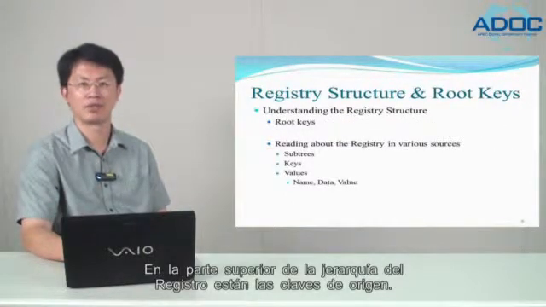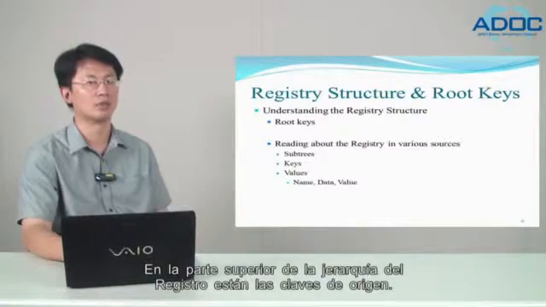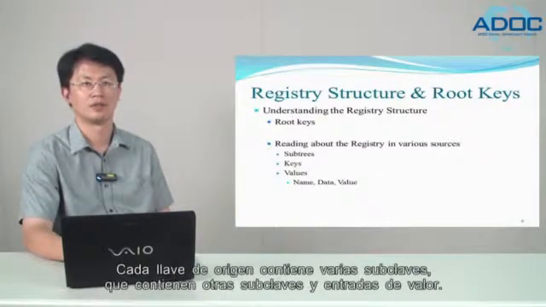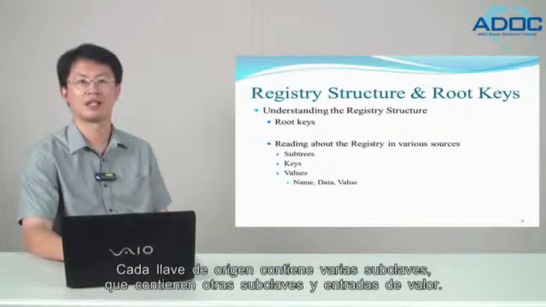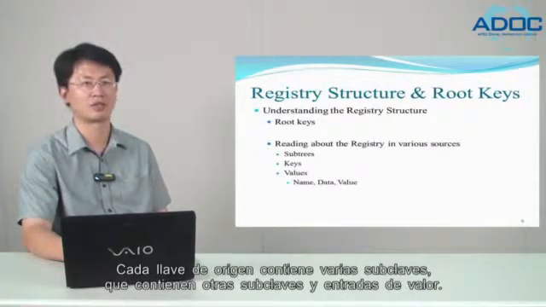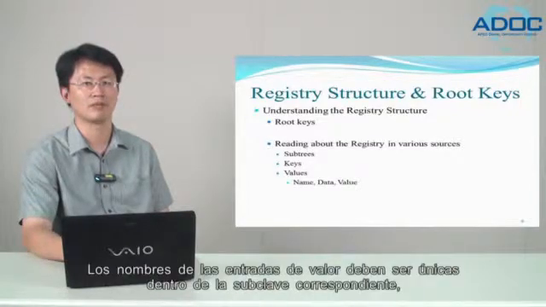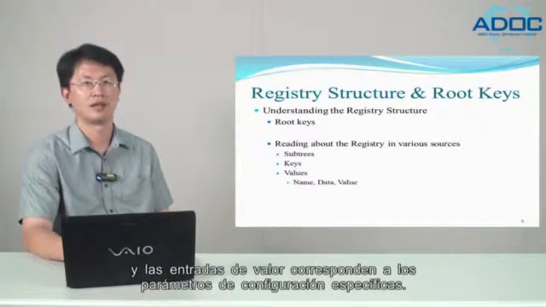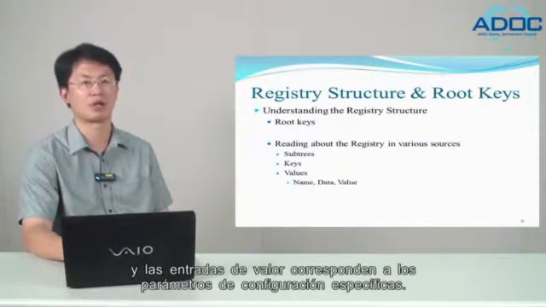At the top of the registry hierarchy are the root keys. Each root key contains several subkeys, which contain other subkeys and value entries. The names of value entries must be unique within the associated subkey, and the value entries correspond to specific configuration parameters.